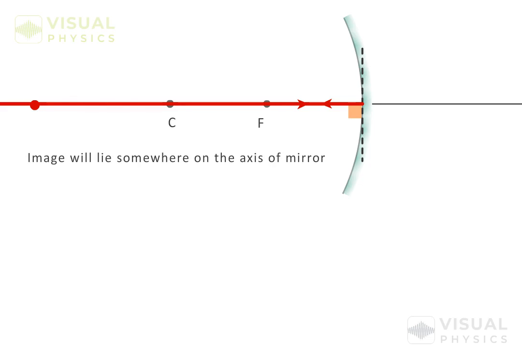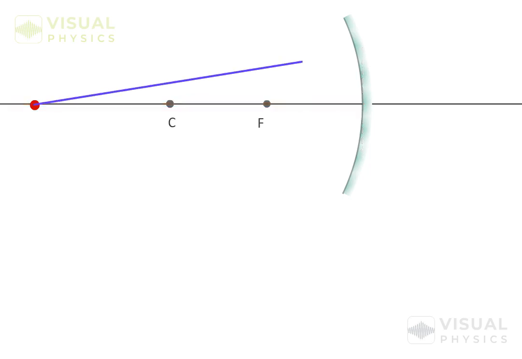To find the exact location of image, we will need to consider at least one more ray from the object falling on the mirror. However, for the sake of clarity, we may consider more than one ray. Let us consider such a ray. Here the line joining the center of curvature and the point of incidence will be normal to the mirror at this point, as angle of reflection is equal to the angle of incidence.